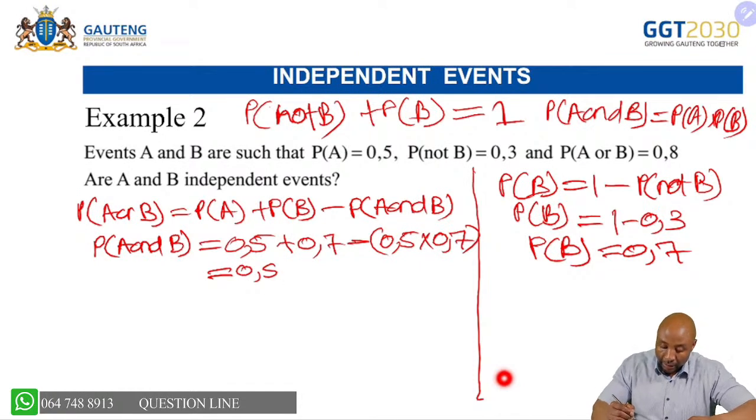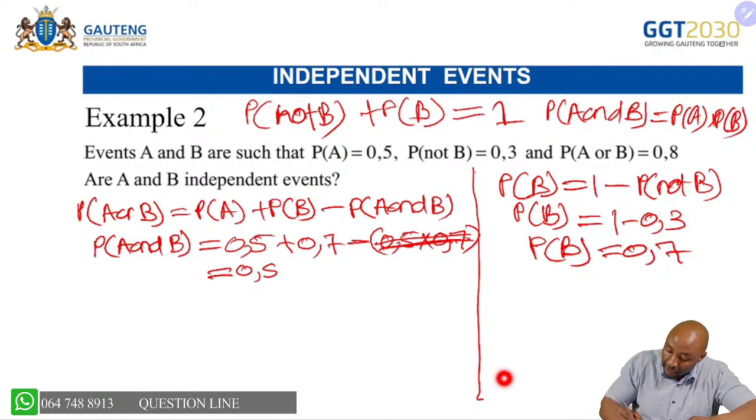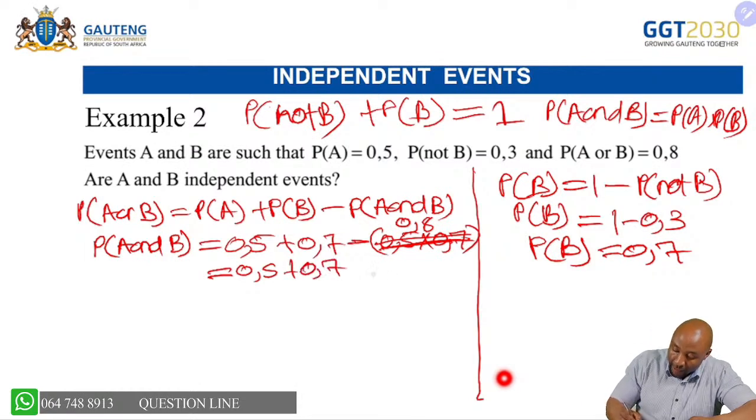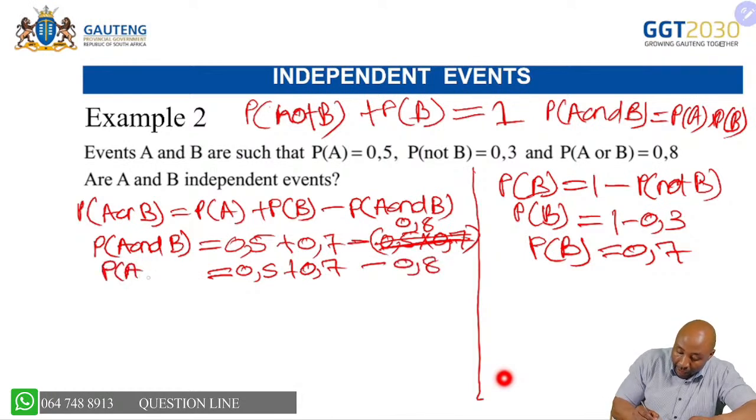Sorry, I changed the subject, so here we must have the probability of A or B when we change the subject, because A and B is on the other side. So the probability of A or B is 0.8. Let's substitute correctly: it's 0.5 plus 0.7 minus 0.8, because the probability of A or B is on the other side now.